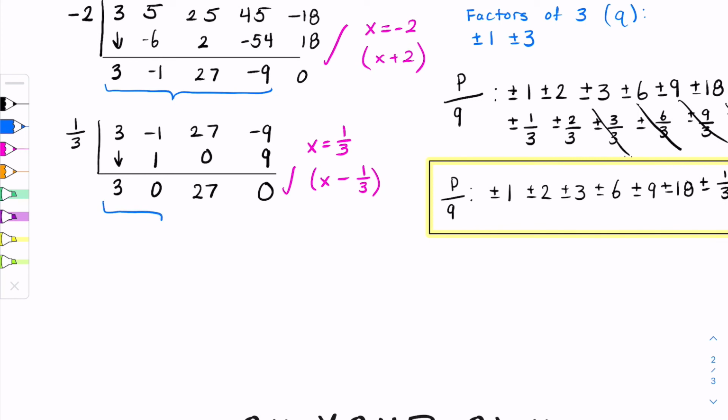I still have a depressed polynomial, but at this point I'm going to write it as a factored expression because my depressed polynomial is down to 3 terms, which means it's a quadratic, and we can factor quadratics using a more basic method.